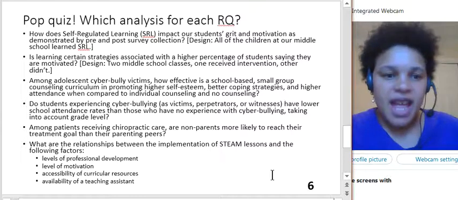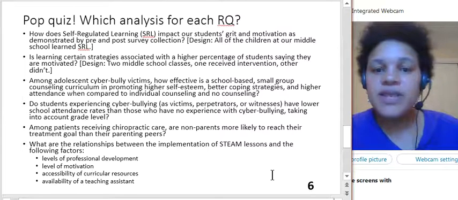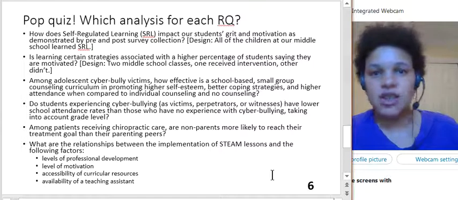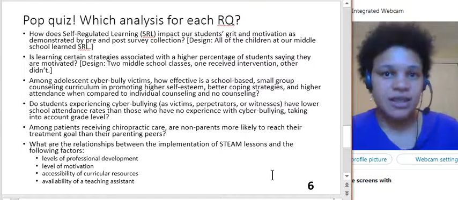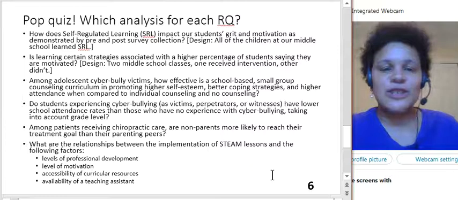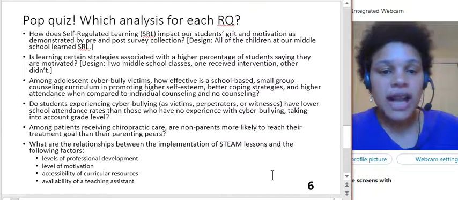Let's try another one. Is learning certain strategies associated with a higher percentage of students saying they are motivated? So this is kind of the same interest area, right? Motivation among middle schoolers. Let's say the design here, though, is that there are two middle school classes.